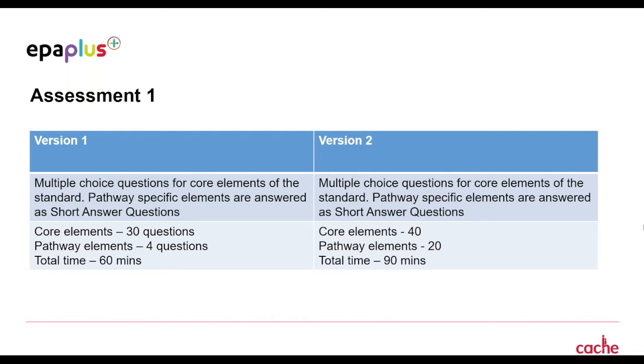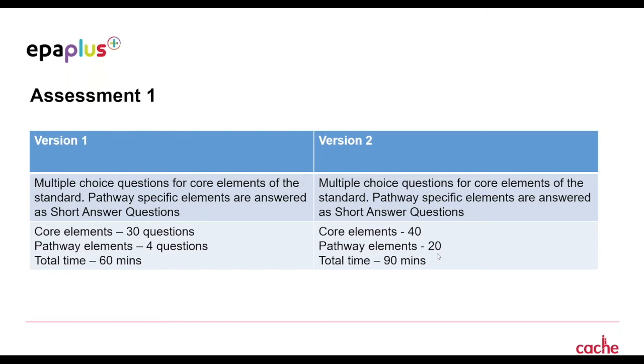And apologies, I've made a mistake on that slide, and I should have proofed it before I put it in. There are only multiple choice questions available on version 2 of the assessment plan. There are 40 generic questions, and then there are 20 multiple choice questions for the pathway specific elements.